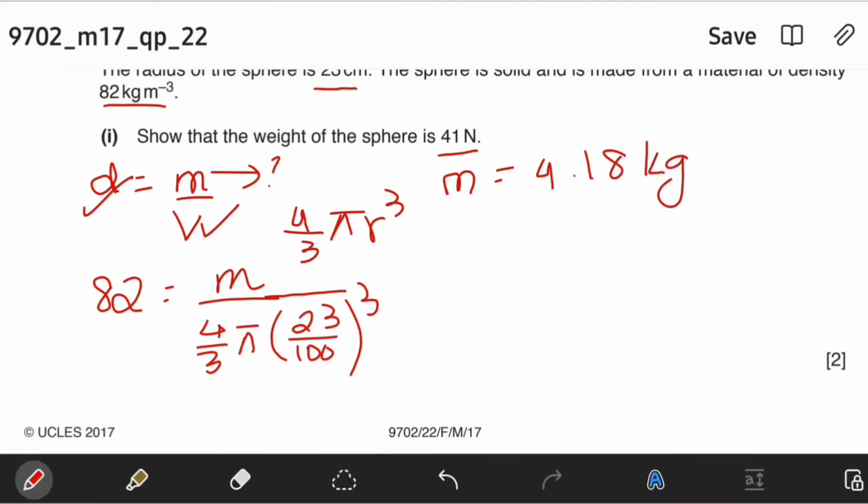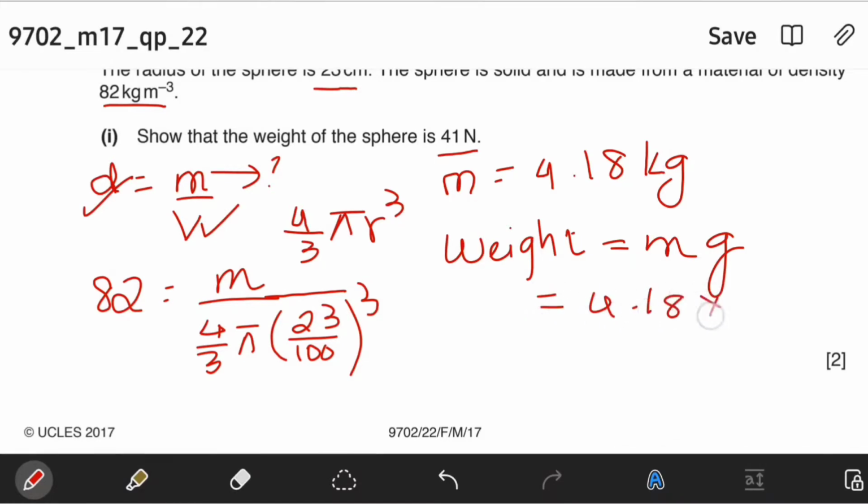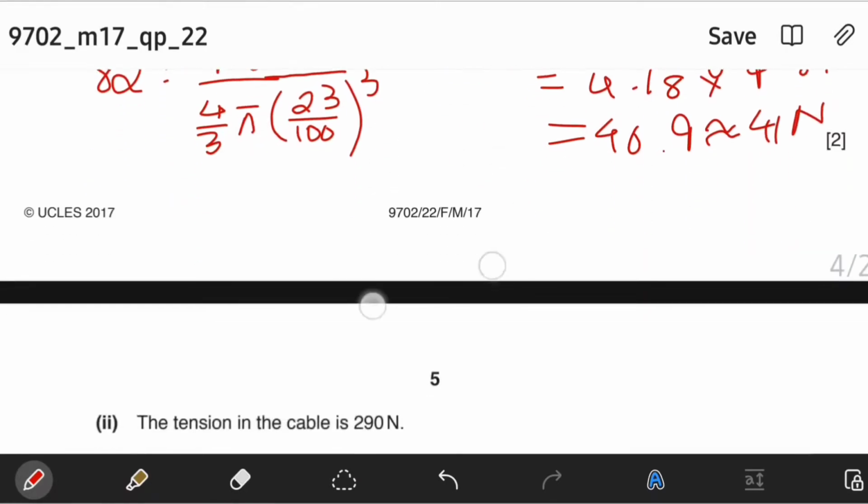Now using this, you can use the formula for weight is equal to mass into gravitational field strength. So 4.18 into 9.81 would give you an answer of 40.9, and that is approximately 41 newtons.